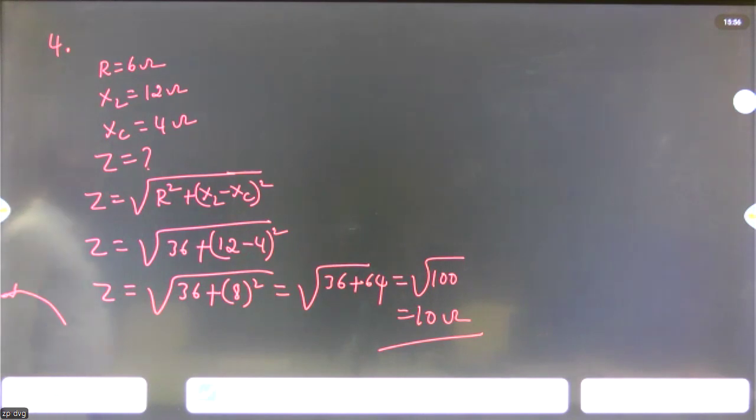Z is equal to 10 ohms, the impedance of the circuit.